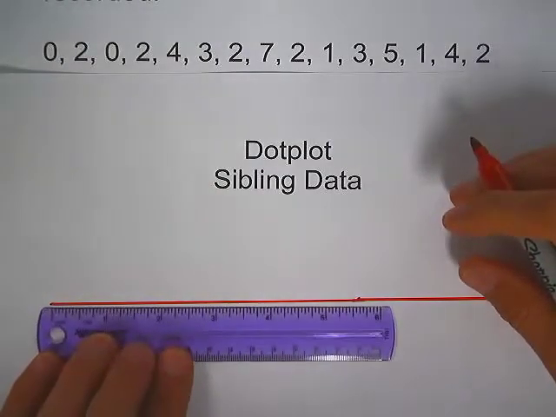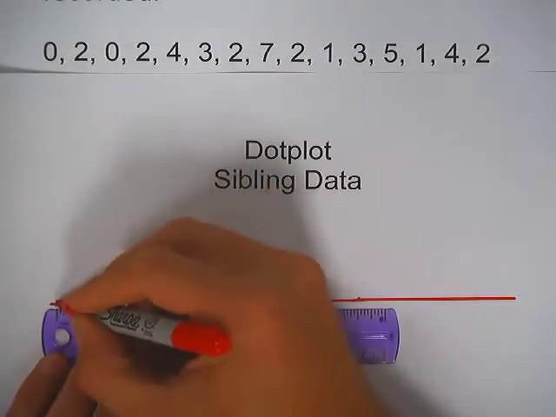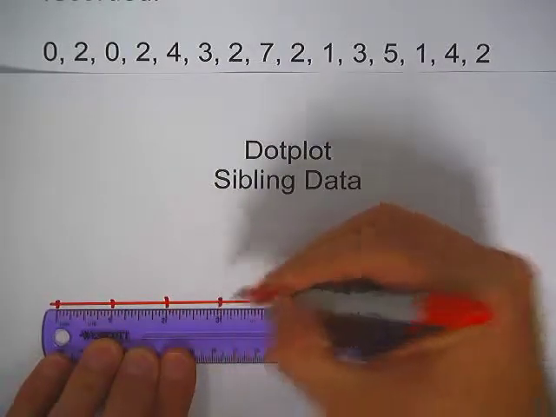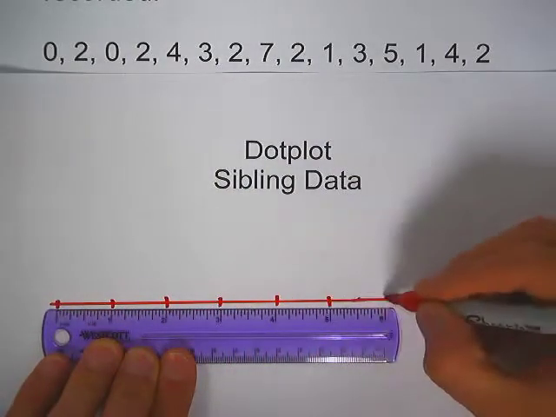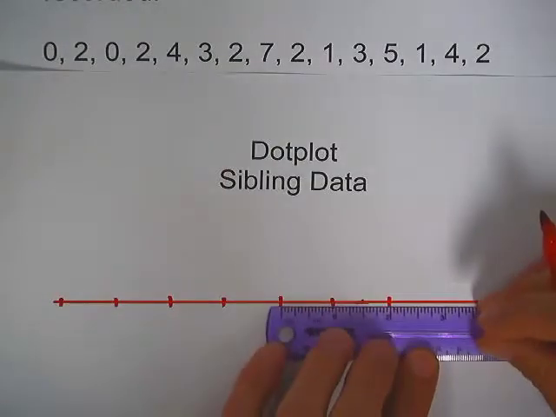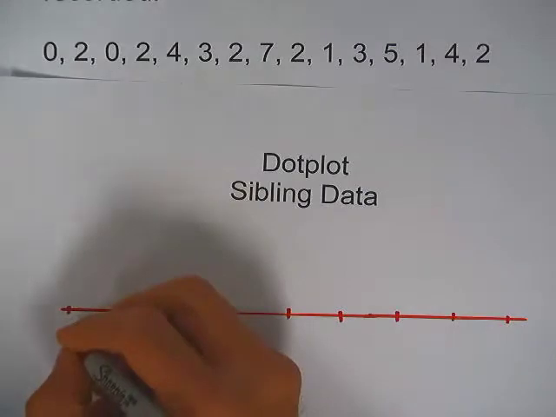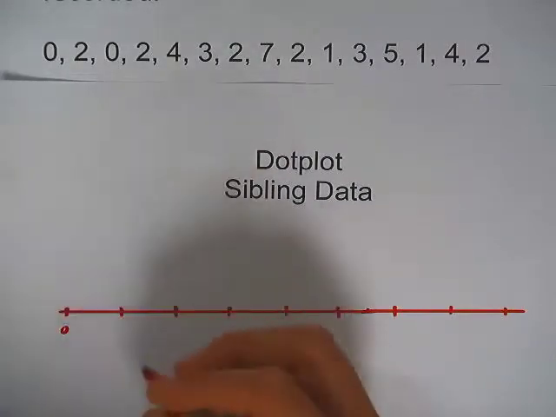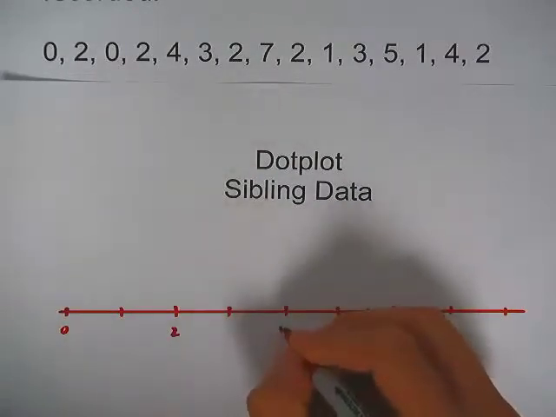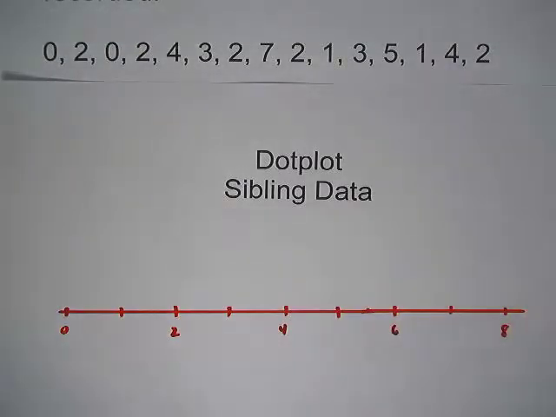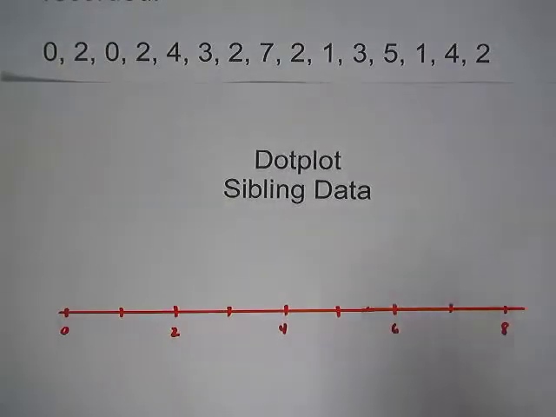And then I'm going to start marking off my values. 3, 4, 5, 6. Okay, so starting at 0, and I'll just count by 2s, like so.